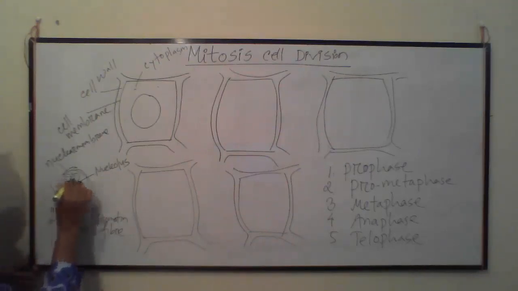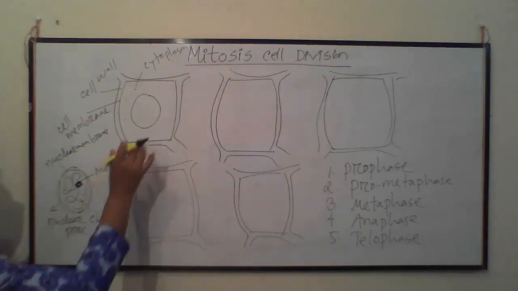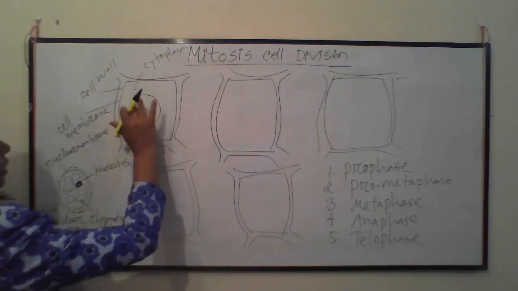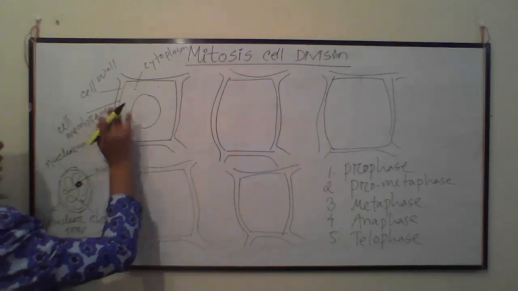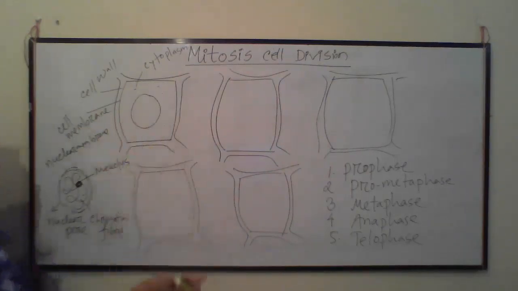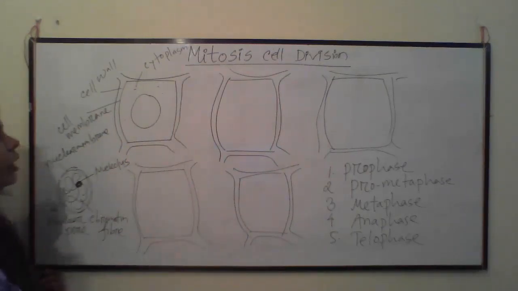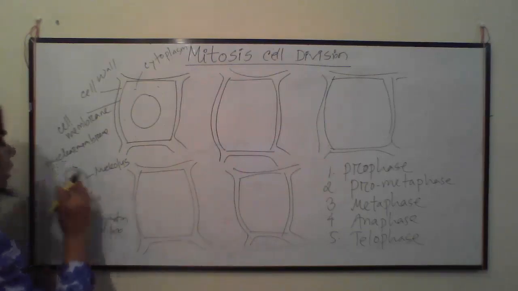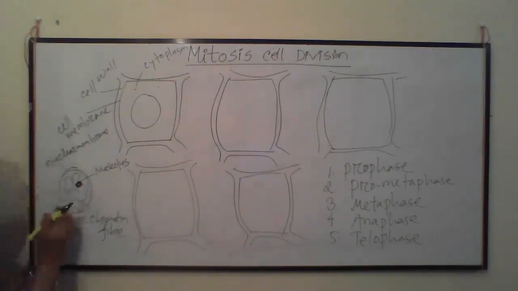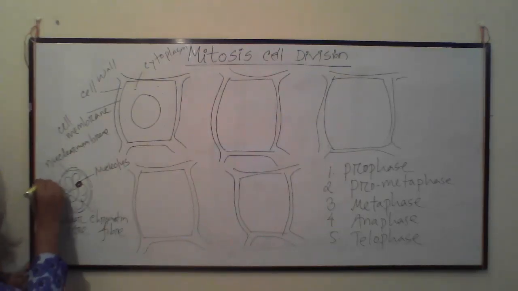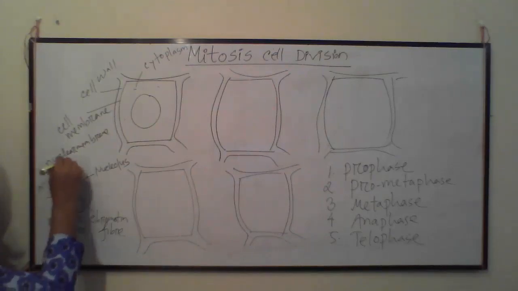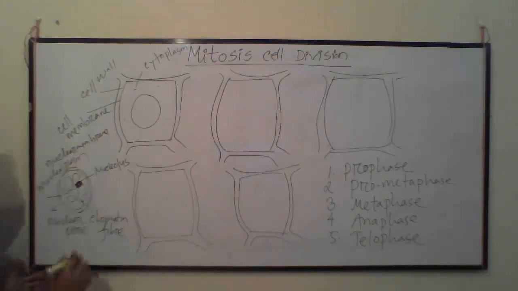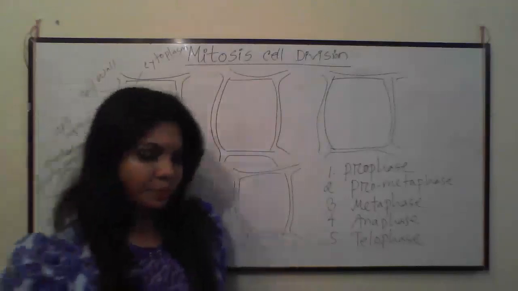And the jelly-like fluid in the cell outside the nucleus is cytoplasm. If we talk about only the nucleus, then inside the nucleus there is a jelly-like fluid like cytoplasm. This is called nucleoplasm. So actually this is the structure.